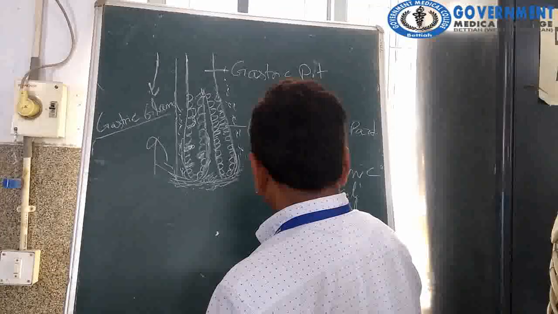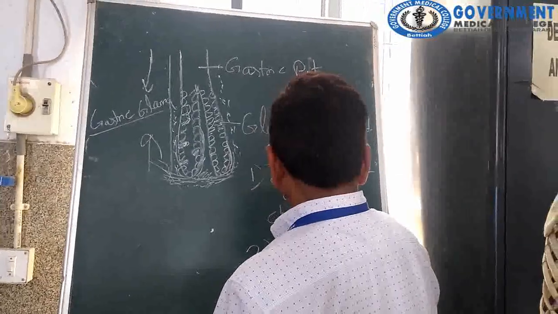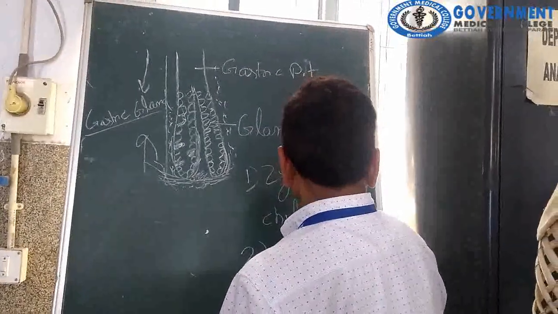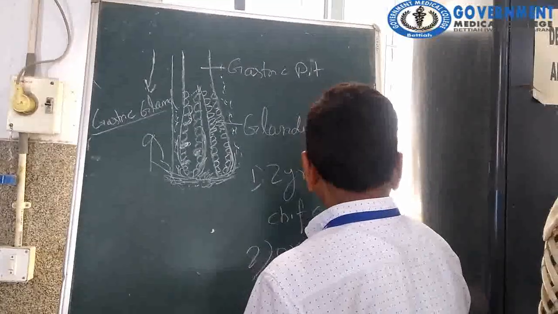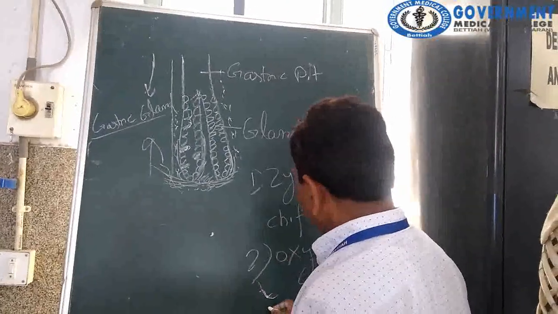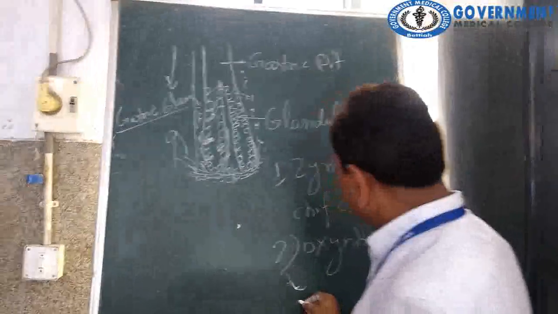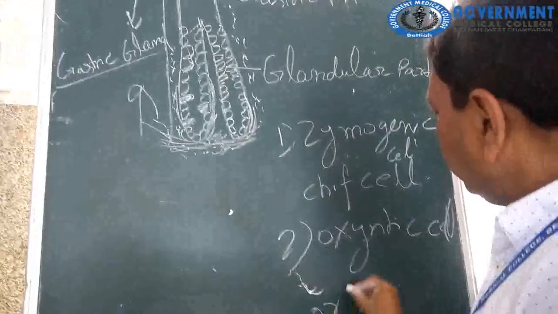Second is the oxyntic cell or parietal cell.